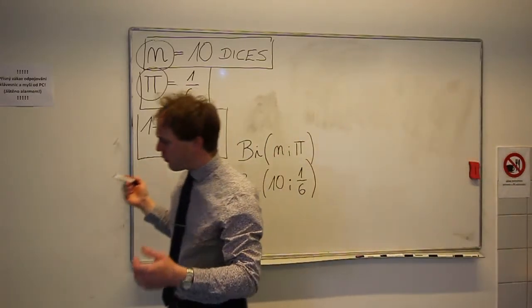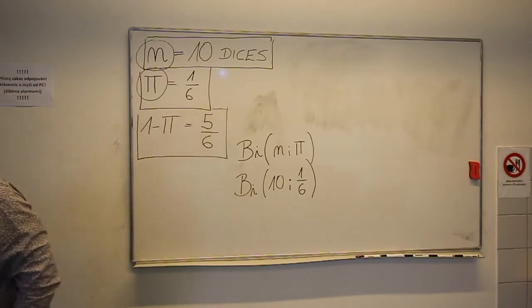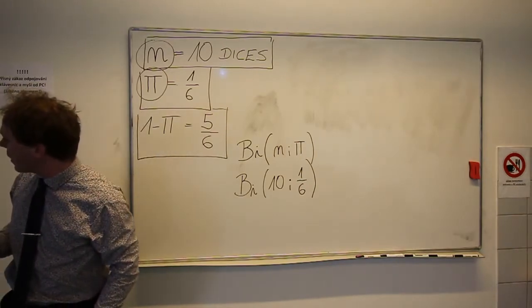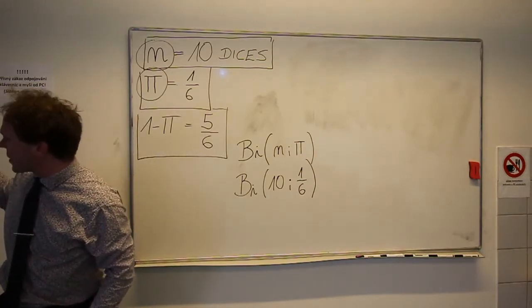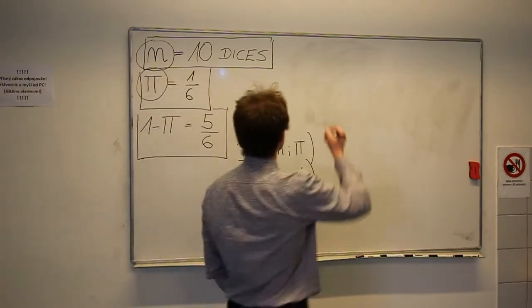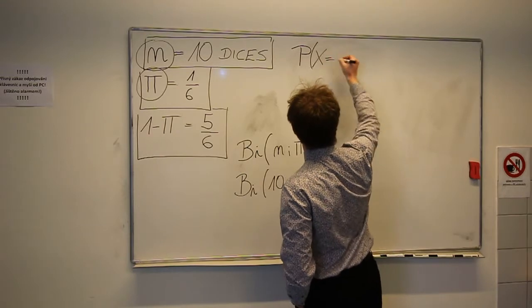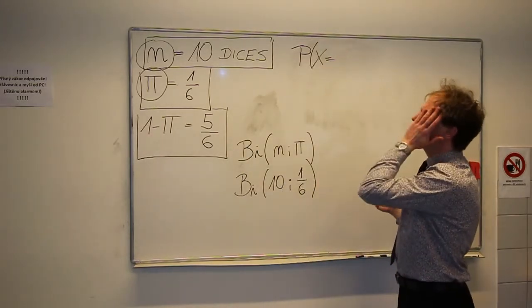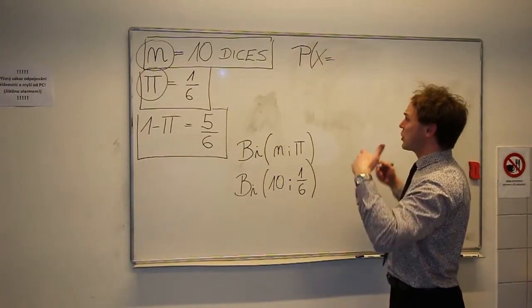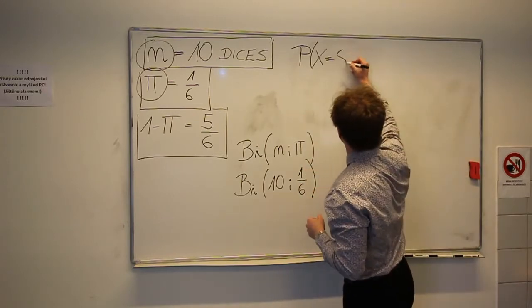And if I check the example, I would like to calculate the probability that on 8 dice falls number 6. So I would like to calculate the probability that random variable x, the number of dice on which you will see position 6, will be equal to 8.